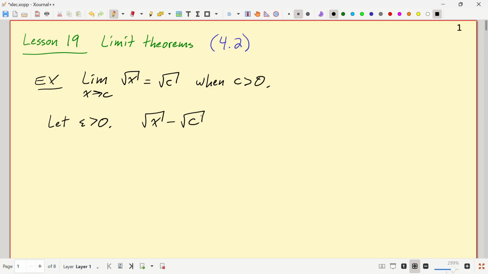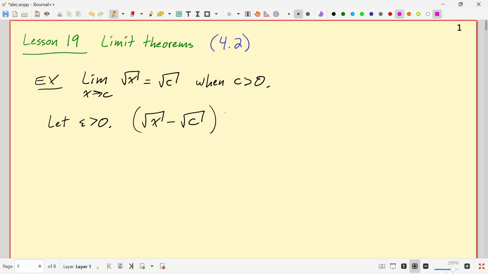We've had a number of problems where we have square roots like this, a difference of square roots. And there's a classic trick to multiply by something that'll make that a difference of squares to get rid of the square root.